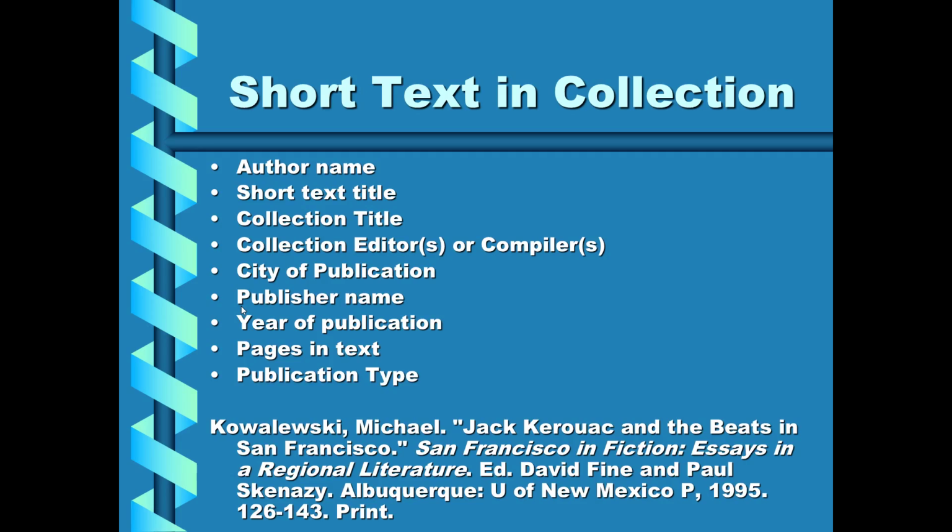After the name of the editors, you again go back into city of publication, followed by colon, name of the publisher, followed by a comma, and then year of publication, the involved page numbers.